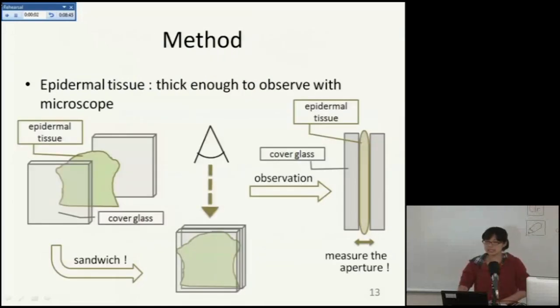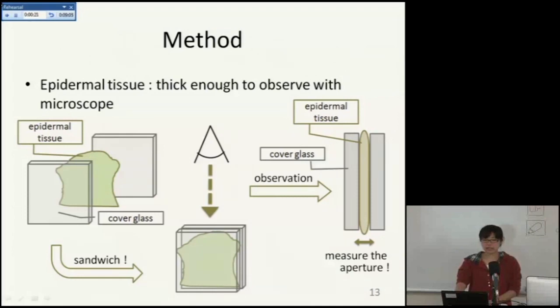Here, I use a microscope to measure the epidermal tissue thickness because, as I said, the tissue's thickness is about 100 micrometers, and it is thick enough to observe with the microscope.